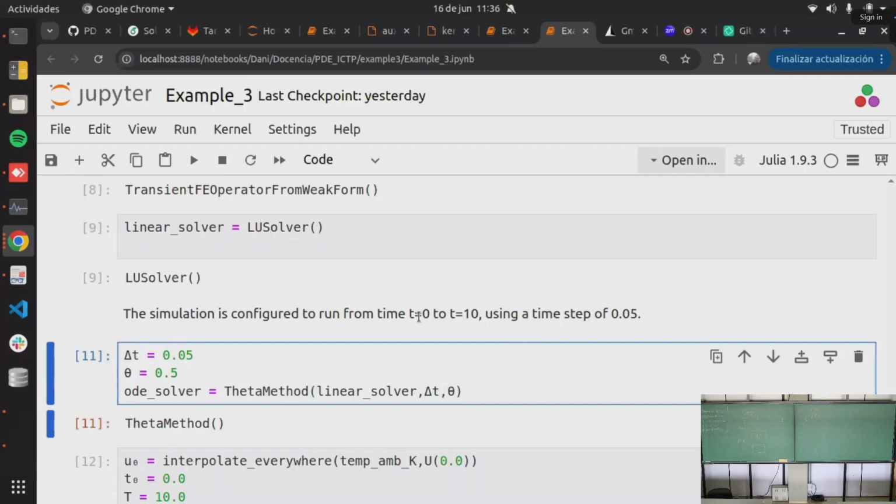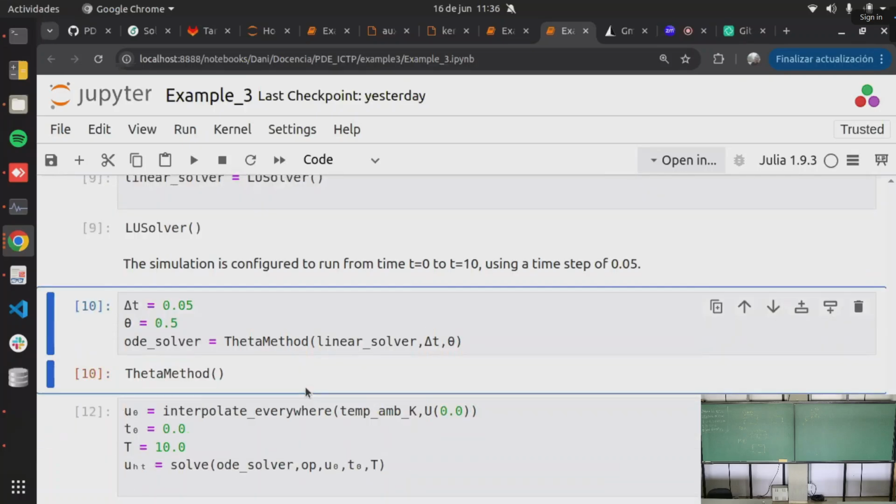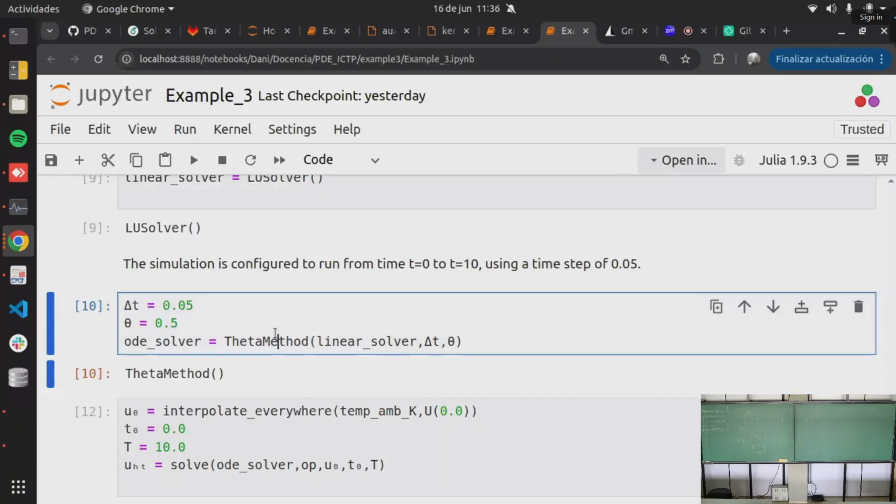We will solve from time 0 to time 10 using steps with this. We will use a theta method. Gridap has a lot of time solvers.